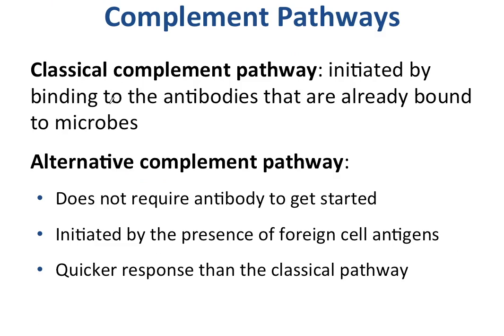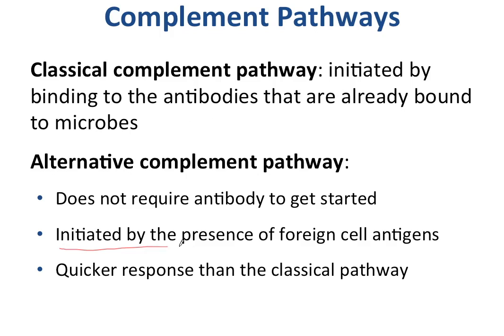So we have the classic and the alternative complement pathways. Classic is initiated by the binding to the antibodies that are already bound to the microbe. Okay. Alternative does not require antibody. Okay.